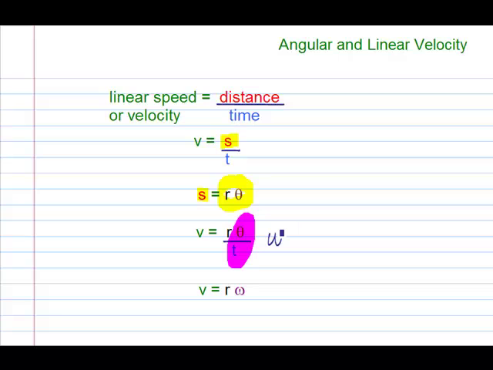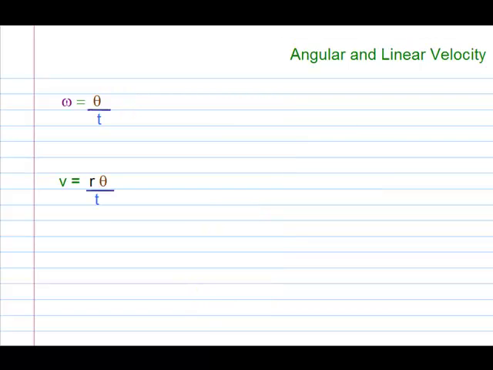So we can replace the theta divided by t with angular velocity, and now we have linear velocity equals the radius times angular velocity. And most of the time in real world problems, we are going to be calculating angular velocity before we calculate linear velocity. So let's talk about a real world problem.